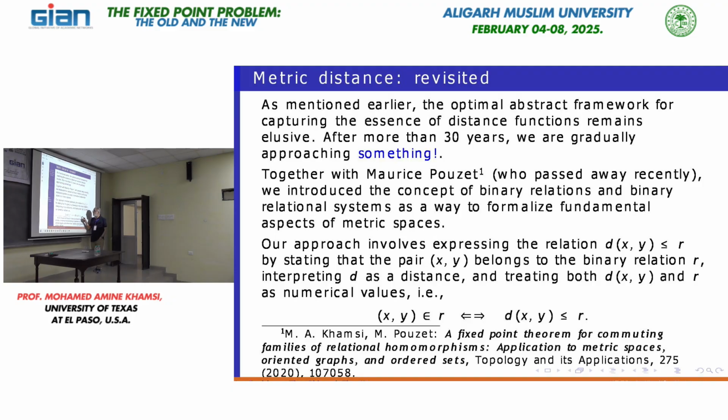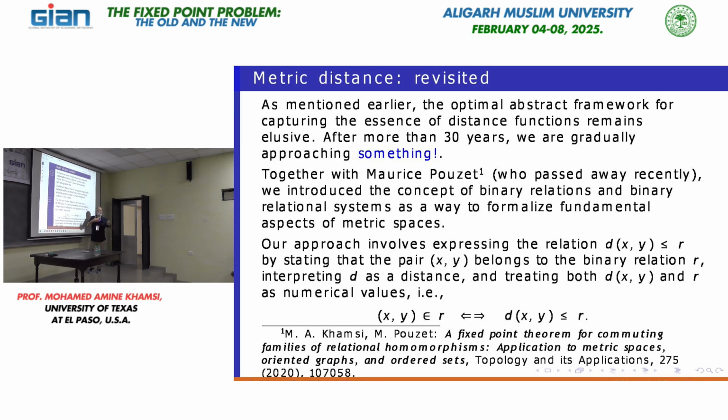So I'm looking at r not as a number, but as a relation. And I say that the pair x, y belongs to r. Of course, in your mind, it means this is the classical view of the distance, and this is the new view of distance.